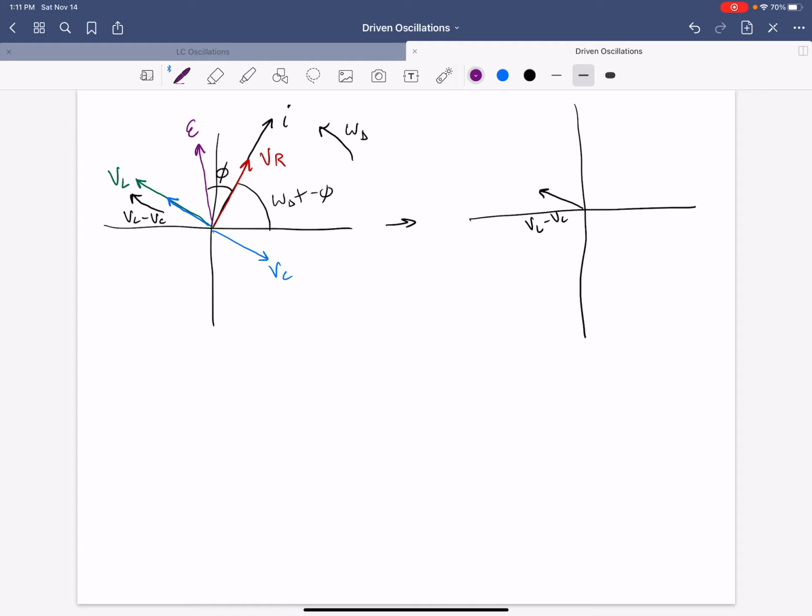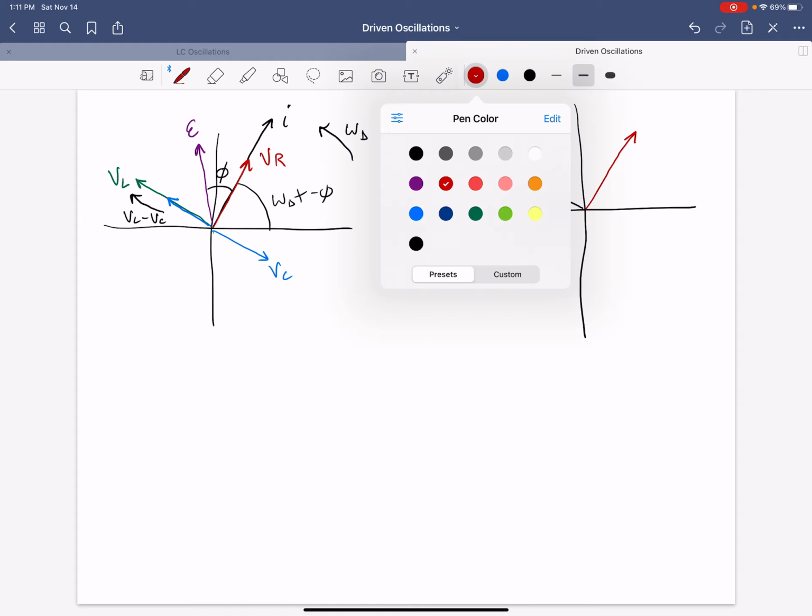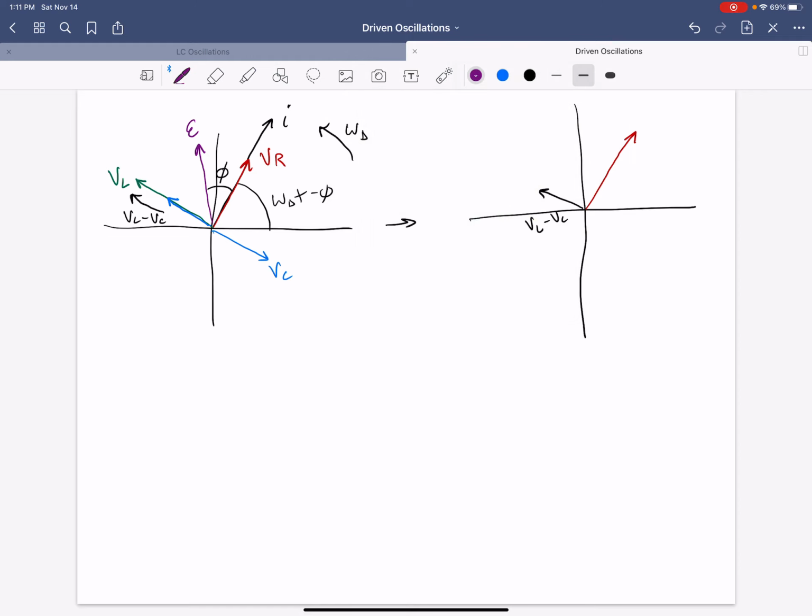I'm going to keep the phasor for the resistor. That will not change. And if you notice, these are exactly perpendicular to each other, at a 90-degree angle. I did this to have the ability to use the Pythagorean theorem. So now, let's change that angle a little bit.